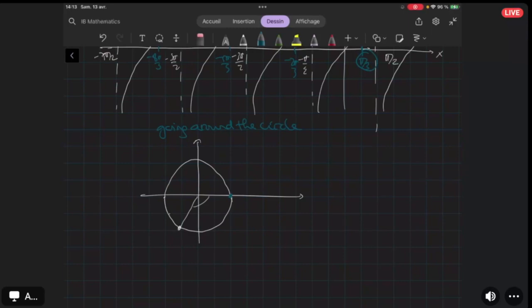So if you imagine going around negative 8 pi over 3, or equivalently, because it cycles every 2 pi, that's the same thing as negative 2 pi over 3, right? So basically, you start from 0. You go clockwise because you're going in the negative direction.